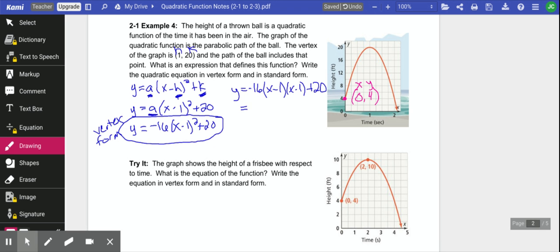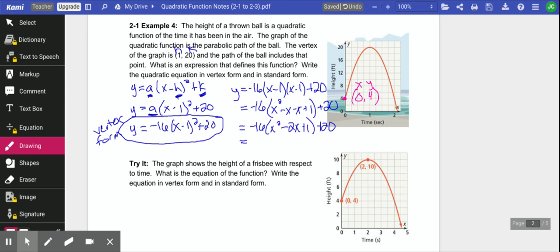What we're going to do is ignore the negative 16 for now. We're going to FOIL here. So we get x squared minus 2x plus 1. That plus 20 is outside. So that's negative 16 times (x squared minus 2x plus 1).